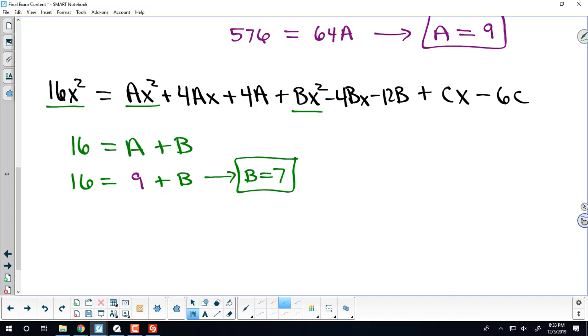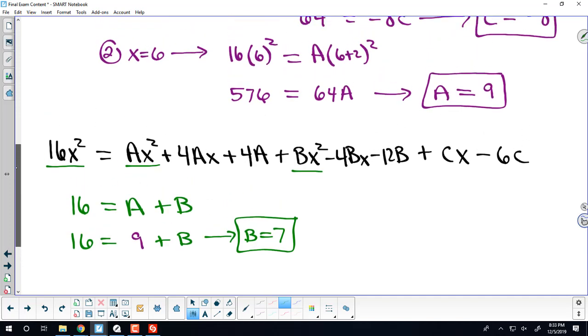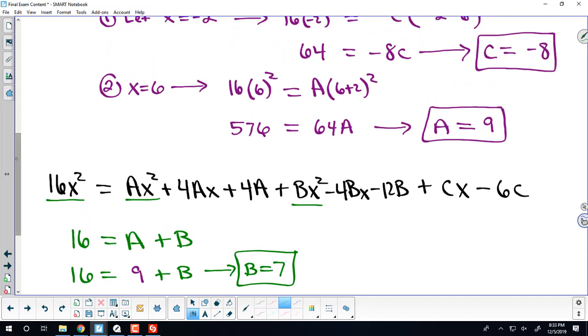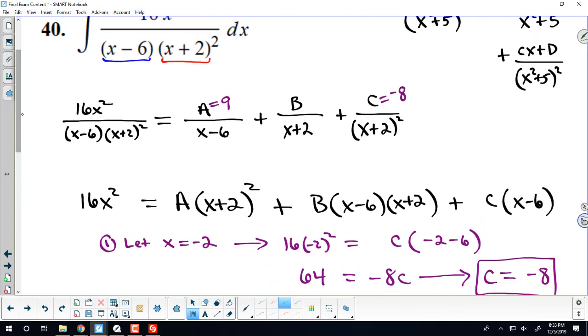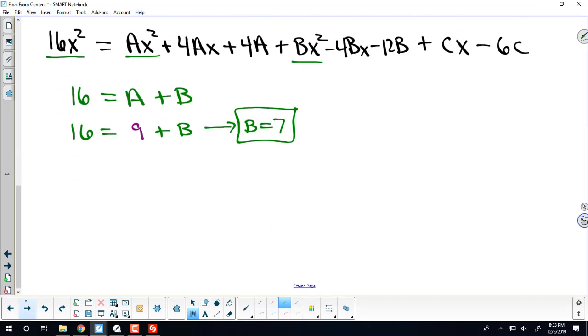Really not any need to go any further. So b is 7. Nine, 7, and -8.